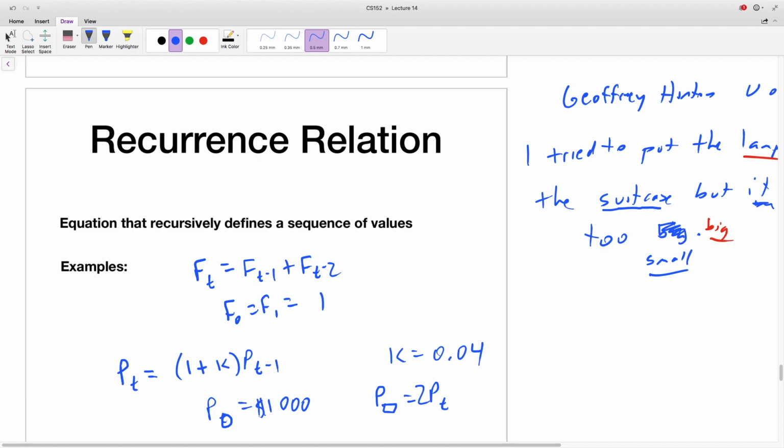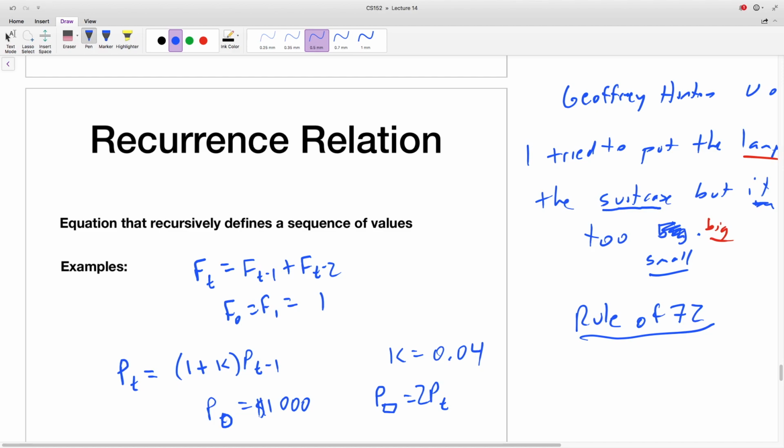How long does it take to double? How many time periods? If you were on a desert island, give me a number, roughly. Why 18? There's a rule, I love it. Rule of 72, yes. This is actually something you should know.